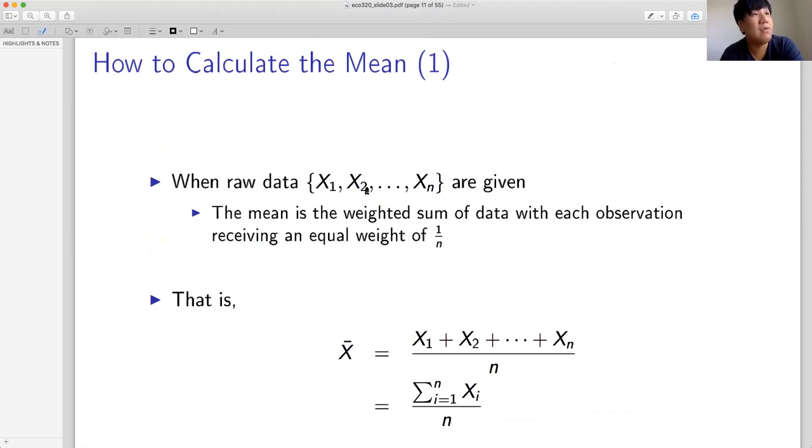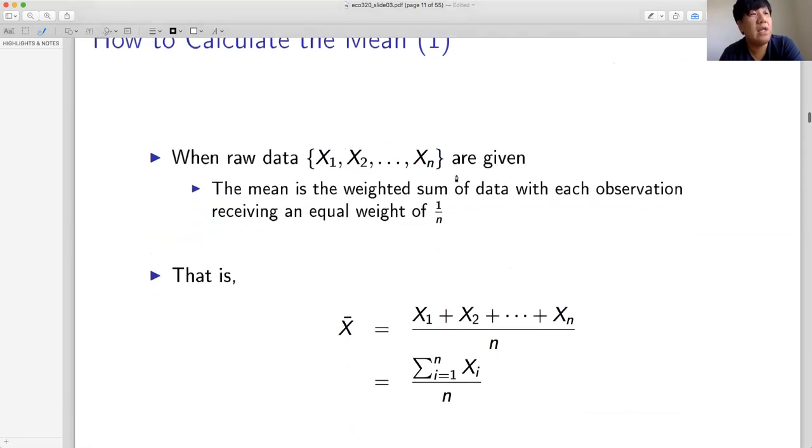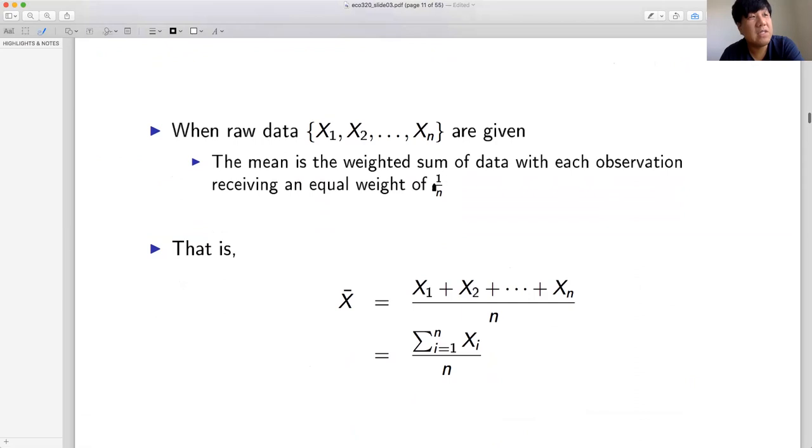Let's say we have n observations. These are different outcomes. The mean is the weighted sum of data with each observation receiving an equal weight. Everyone can calculate the average, right? Just add all the numbers and divide by the number of samples.